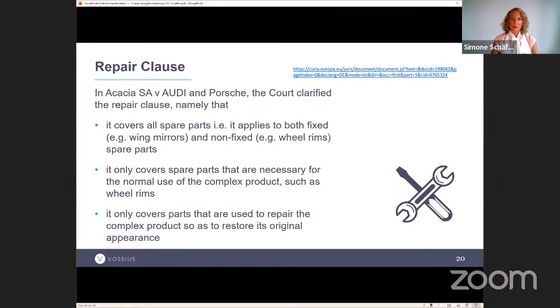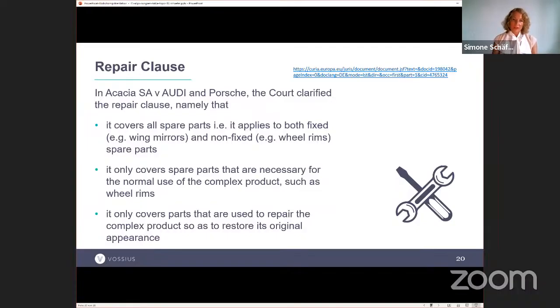the European Court of Justice concerning a manufacturer of wheel rims on the one hand and the German car manufacturers Audi and Porsche. And in that famous judgment, the court clarified that the repair clause covers, first of all, any kind of spare parts.